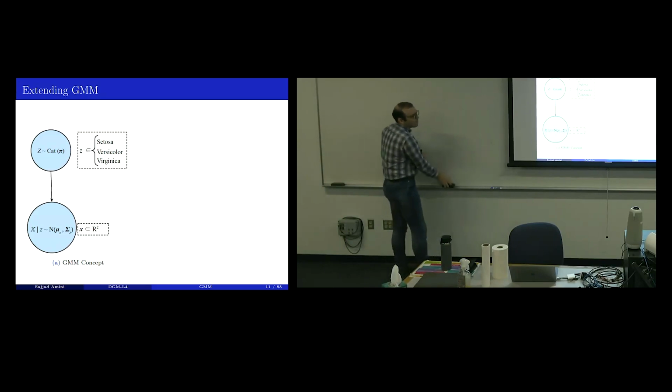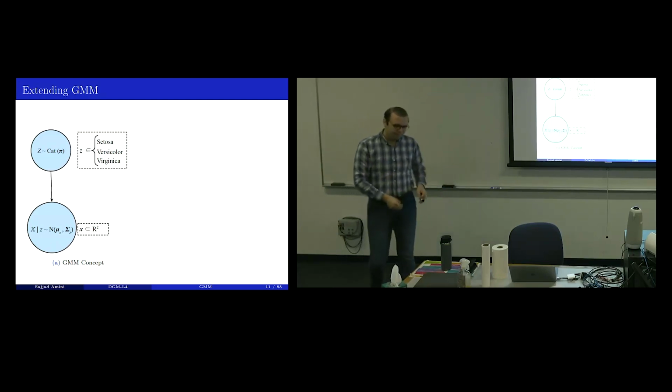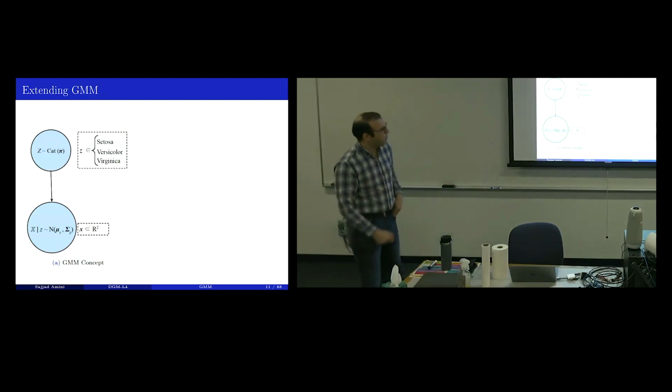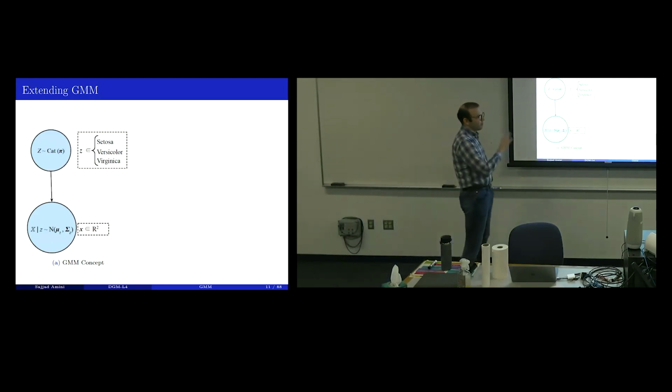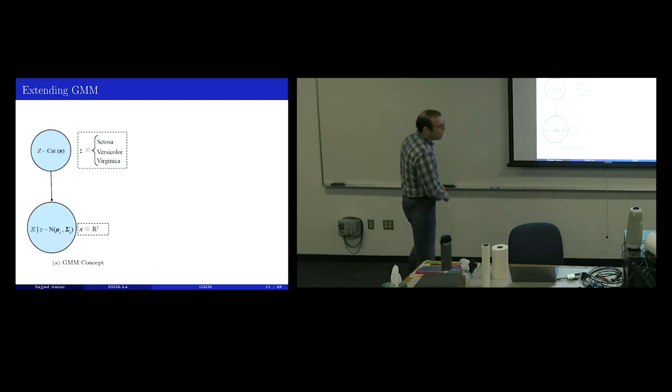Here I have a very simple example. It means that I have just 3 types of flowers that I do not have access to, and then conditioned on each of them I have one Gaussian distribution. Now assume that I have images here instead of X, which is a 2-dimensional random variable.